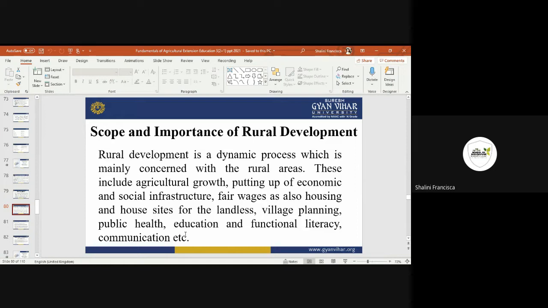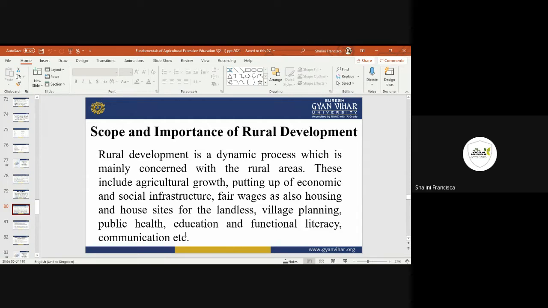For a particular job, a fixed amount of money is given to both genders, or to any caste person, or to any person who comes from any state, any age. A fixed amount of money has been kept, but sometimes in villages, because of gender issues or age issues, things are not provided fairly. So the fair wages aspect is also there.